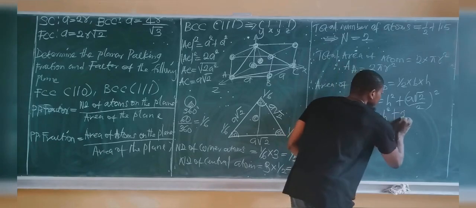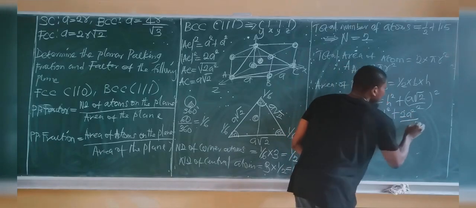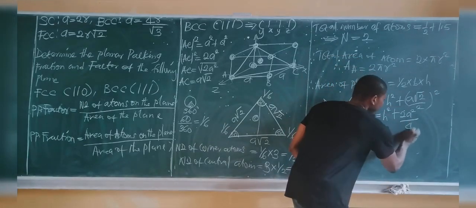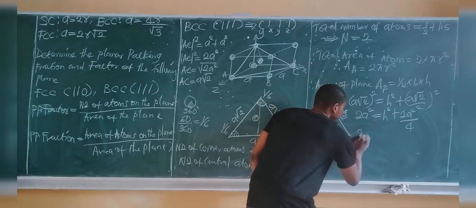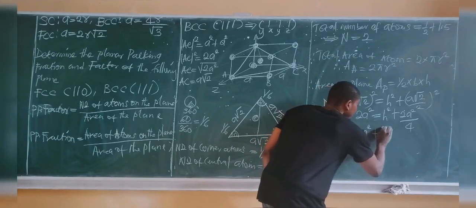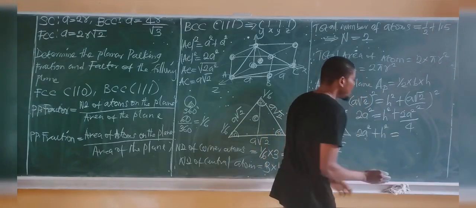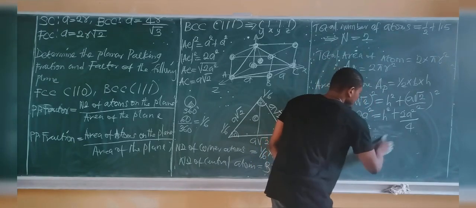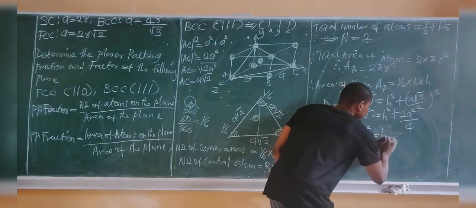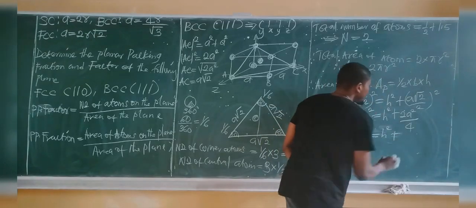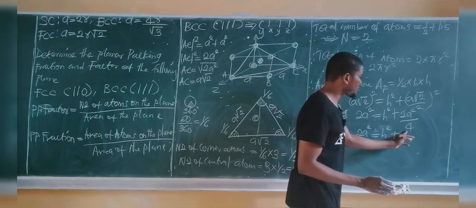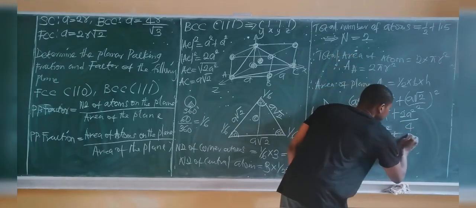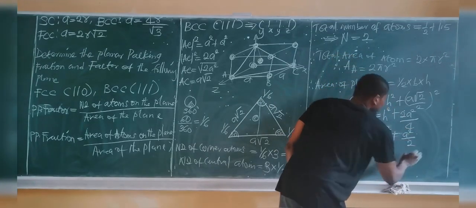I have here 2a all squared all over, not forgetting 2 squared here becomes what? 4. All right, so this can be written as 2a squared equal to h squared plus, from here 2 goes into 4, 2 goes into 2 is 1, 2 goes into 4 is 2, so I'm left with a squared all over 2.